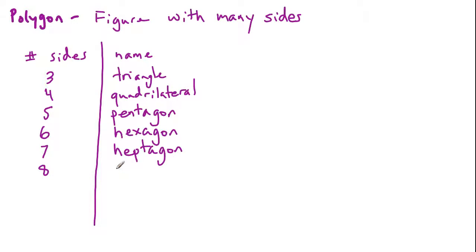Eight-sided figure, octagon. Is it O or A? I don't know. We'll go with O. Octagon. Nine-sided figure is a nonagon. Cool. And then a 10-sided figure is a decagon.